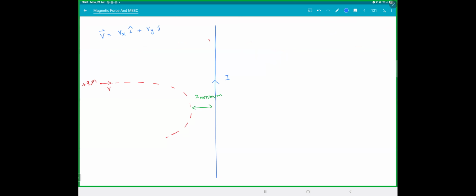Speed remains constant, not velocity. Velocity will change direction because work done by magnetic field is zero. And there's no other force here. The work done by magnetic field is zero. Therefore, speed Vx will change, Vy will change, but the resultant will remain constant.